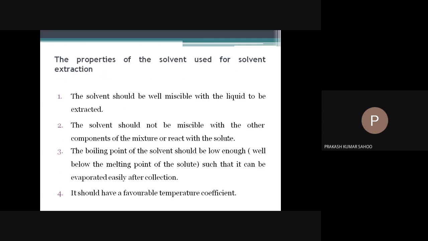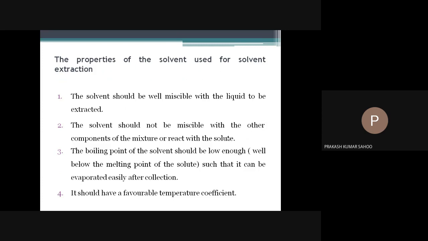Then, properties of the solvent used for solvent extraction. The solvent should be well miscible with the liquid to be extracted. The solvent should not be miscible with the other components of the mixture or react with the solute. The boiling point of the solvent should be low enough, below the melting point of the solute, such that it can be evaporated easily, and it should have a favorable temperature coefficient.